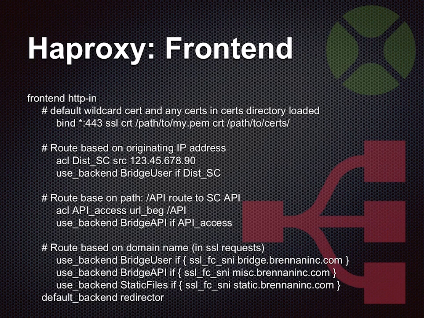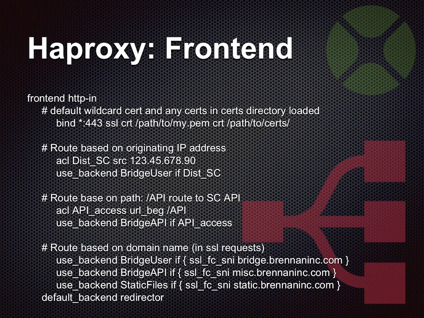We create a flag in that statement called dist sc, and the condition is that the source is that IP address. Then we can check for it right now or later and say, use a certain backend if that flag is set. So the essential routing is saying, if it comes from a certain IP address, use this backend.